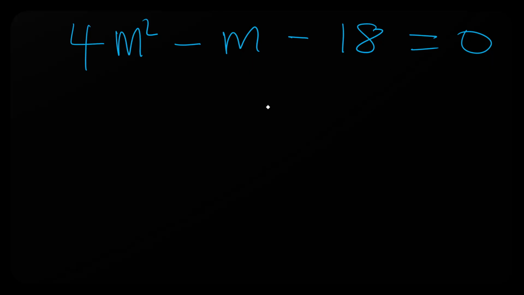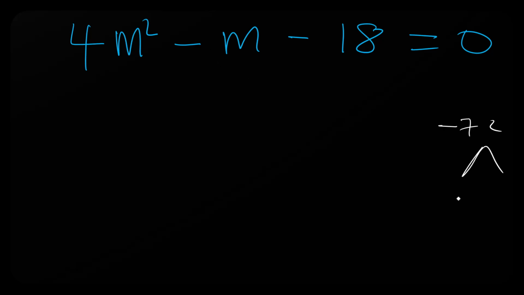So how do you solve for this one? Step 1, we have to multiply the coefficient of m squared by the constant. So that will be minus 18 times 4, which is minus 72. Let's find two numbers which, when we multiply them, give us minus 72, but when we add, give us the coefficient of m, that is negative 1.